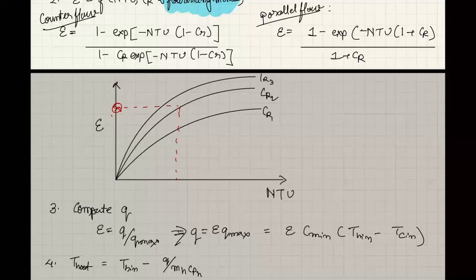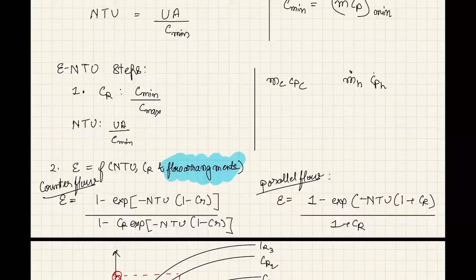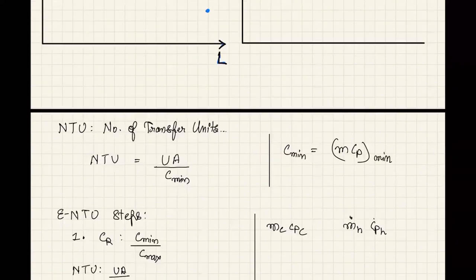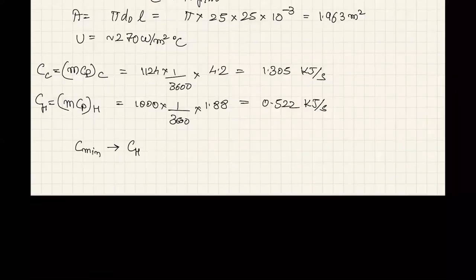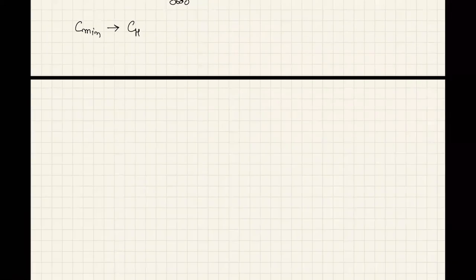What was the next step in the problem? We calculated C min, we know C max. So the first step is to calculate CR, and then NTU.